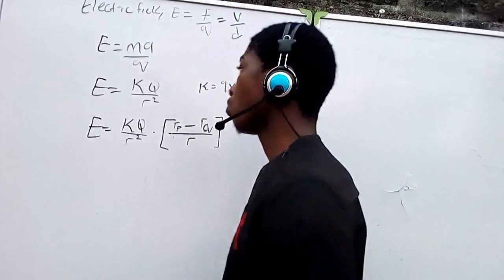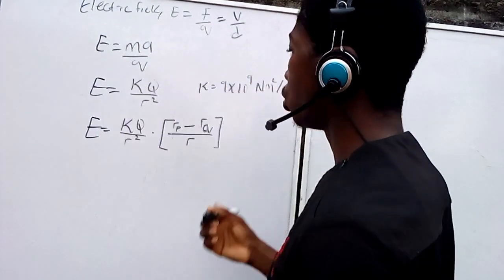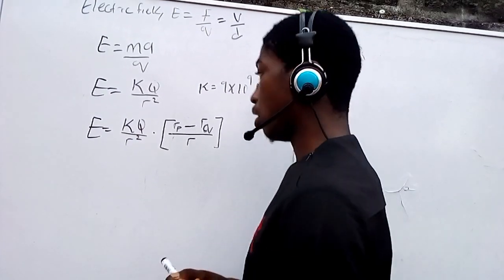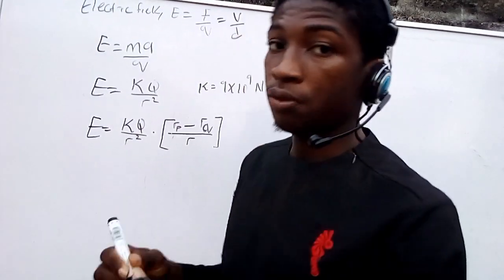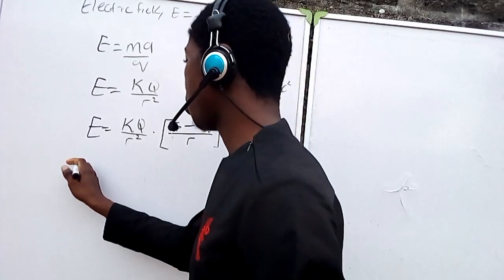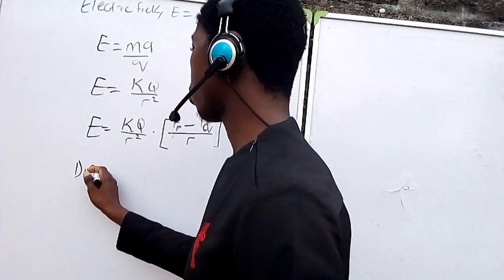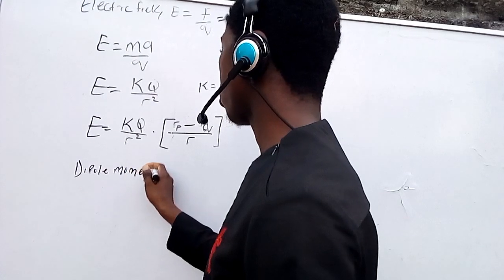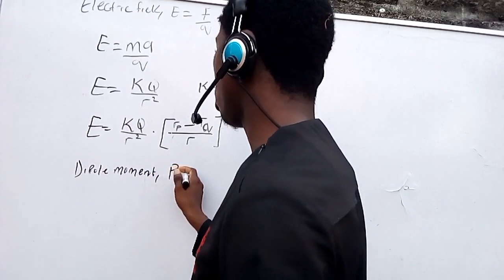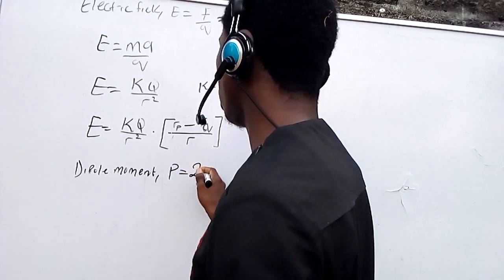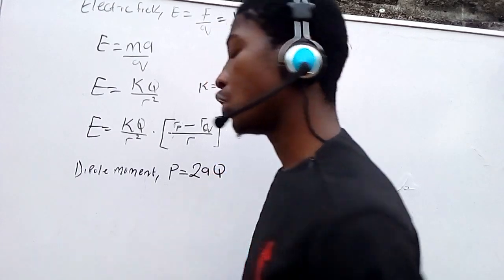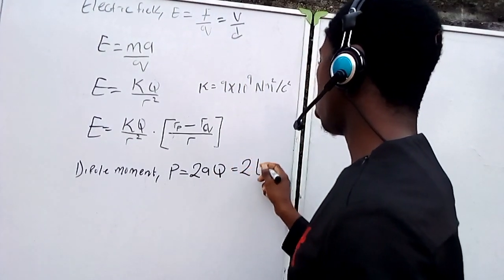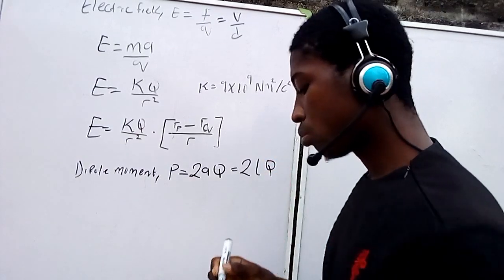Alright, understood. Now there's another equation known as the dipole moment. We use P for dipole moment. The dipole moment P is equal to twice the distance and the charge, or most textbooks write it as P = 2aq.